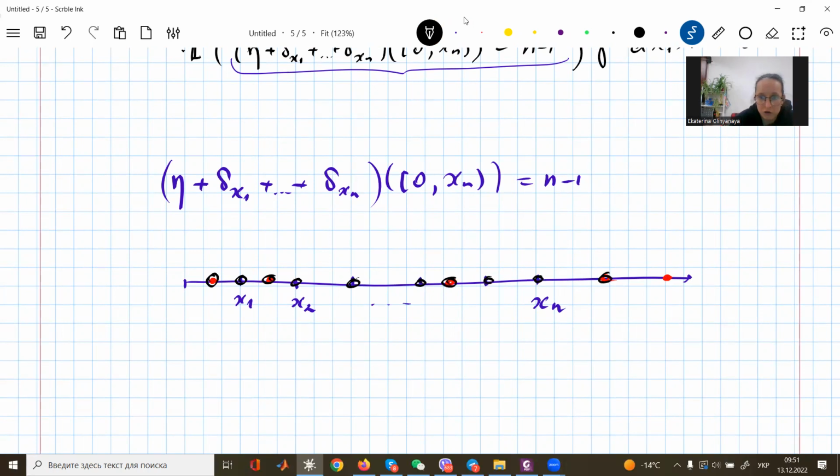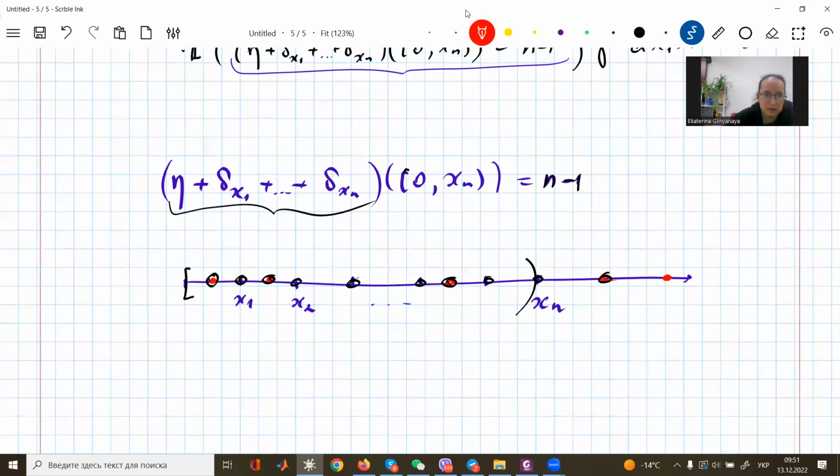This is my new point process. And I know that the value on this interval is exactly n minus 1.